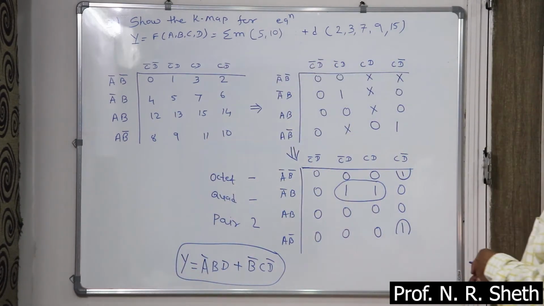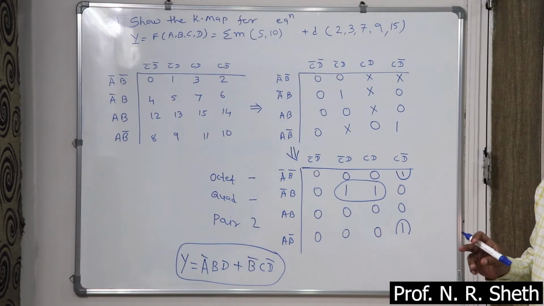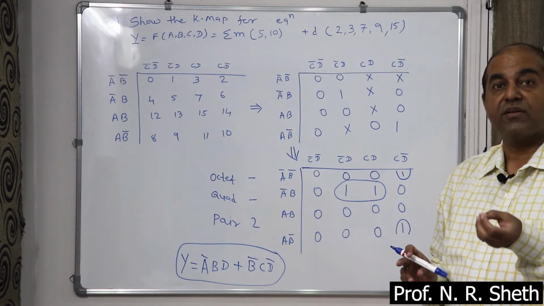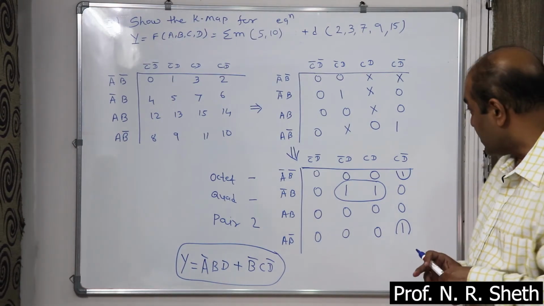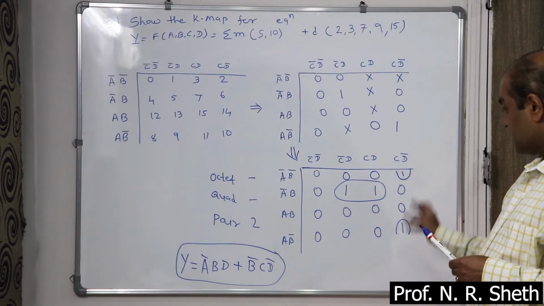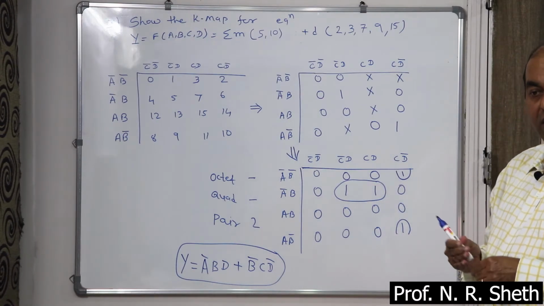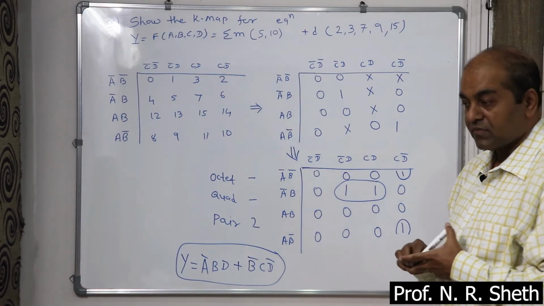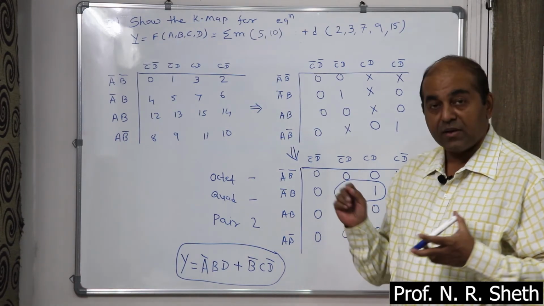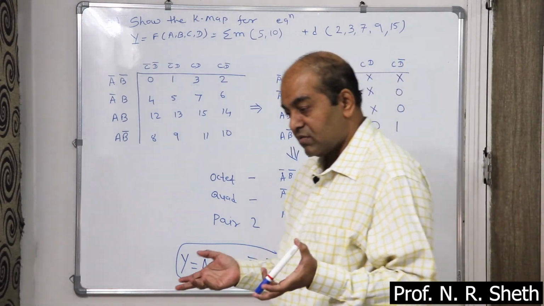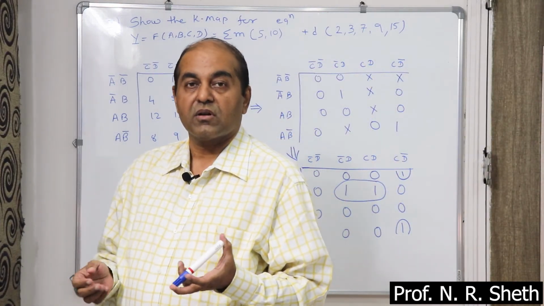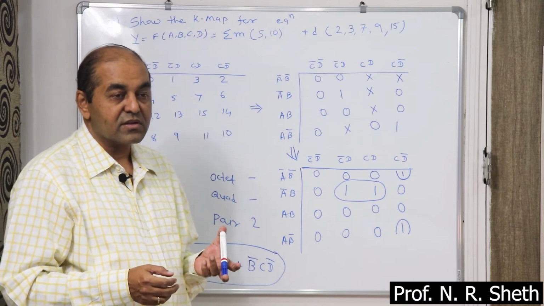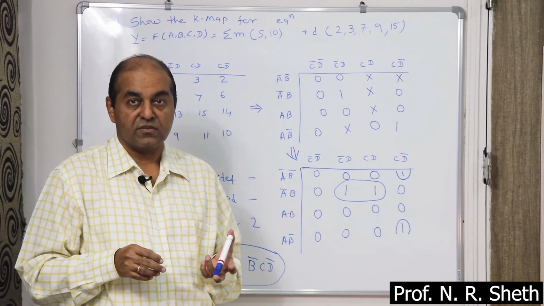So in this way, at the appropriate place, you have to put 0 and 1. Okay. So this is about the don't care condition. You can place 0 or 1, but your equation should be the simplest one.